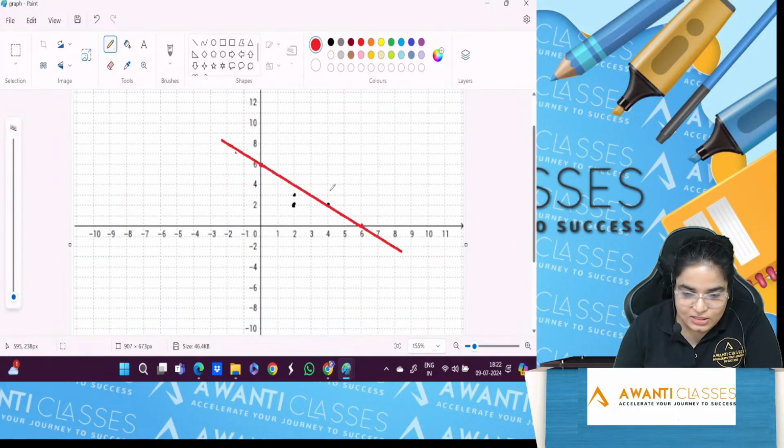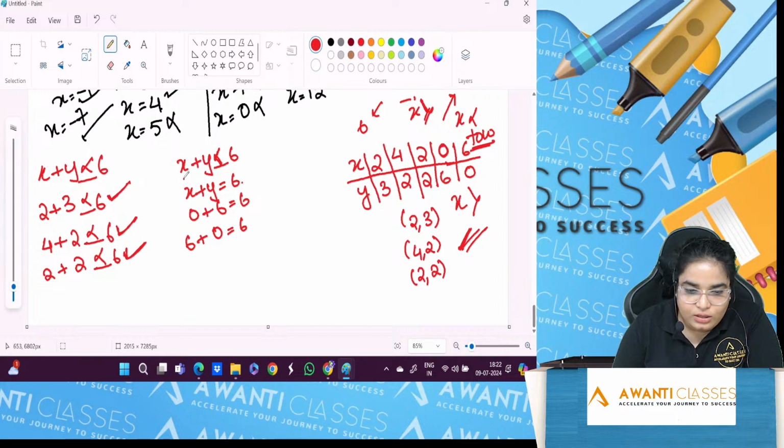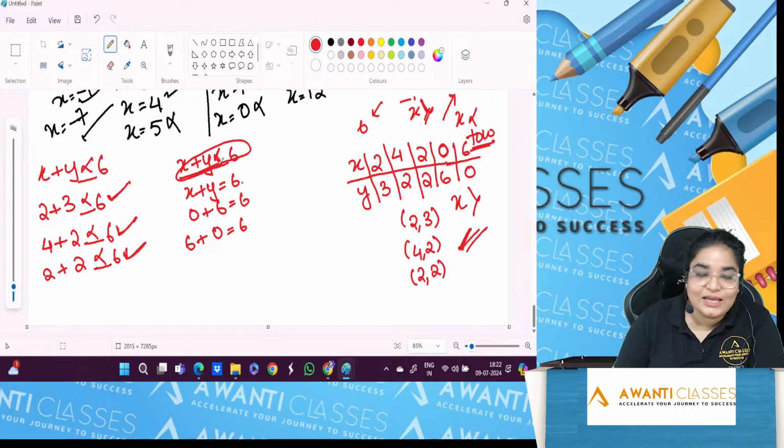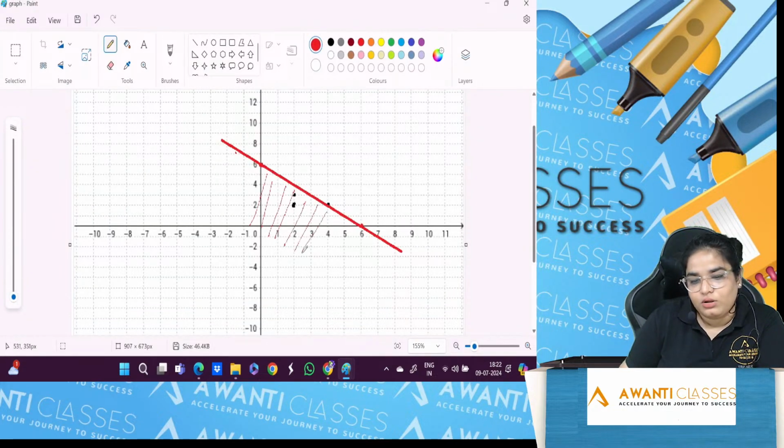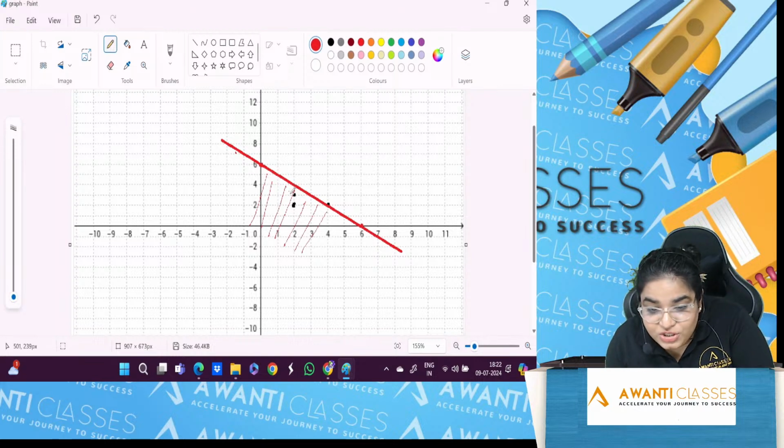So in this, what is the inequality? x plus y is less than or equal to 6. So towards the origin. Also, if you want confirmation, our previous solutions are here. So this will be the right shaded area. If you want to test, we can test. Take this point, 4, 8.